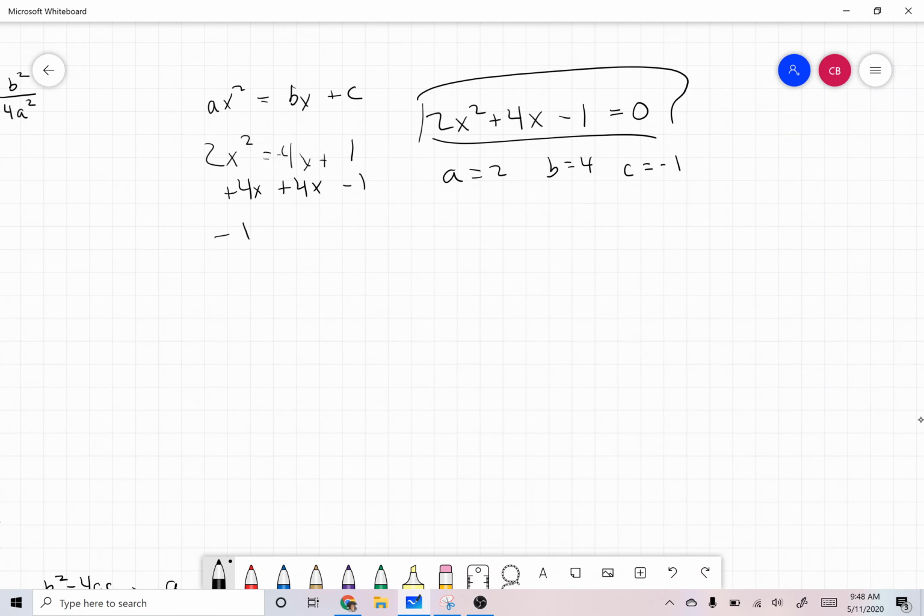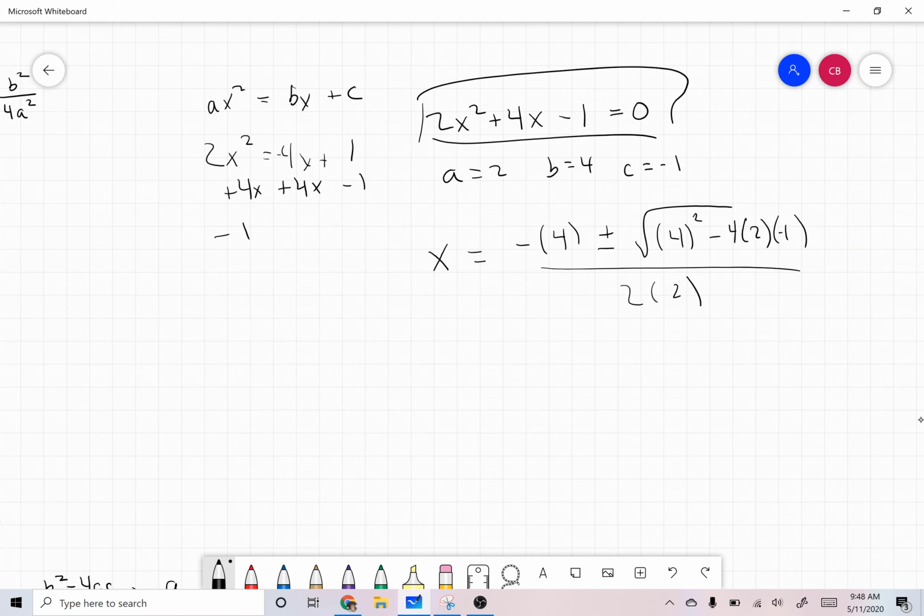Okay, so let's use the formula. x is equal to negative b, which is 4. So make sure you put parentheses around each thing you are substituting for. B squared, 4 times a times c, oops, negative 1, all over 2 times 2.